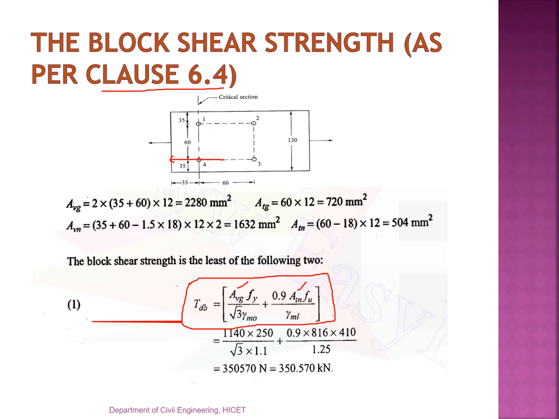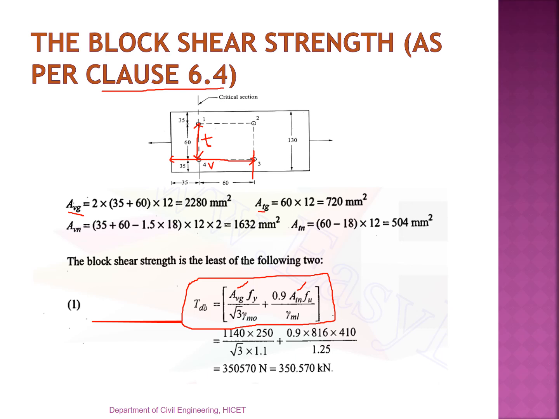So as per the diagram, the shear area is defined from the starting point of the plate, that is the edge of the plate, to the center of the extreme bolt. The perpendicular area is called the tension area. Okay, so this is the tension area and this is the shear area.